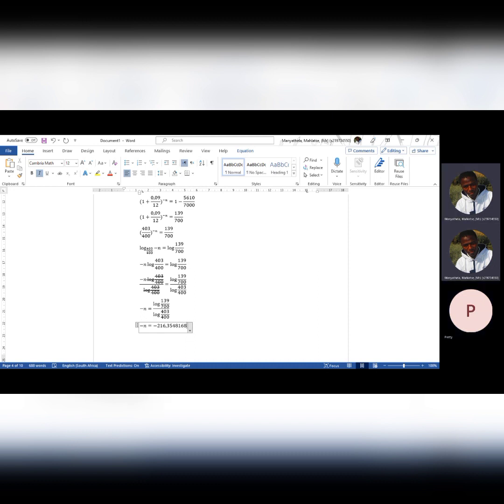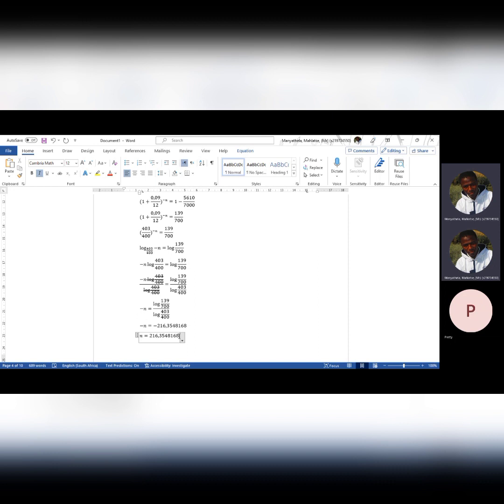Because it's negative on both sides, and we're calculating for the value of n, we're going to divide both sides by negative. The value of n will then be 216, and if we round it off to 2 decimal places, it will be 216.35.